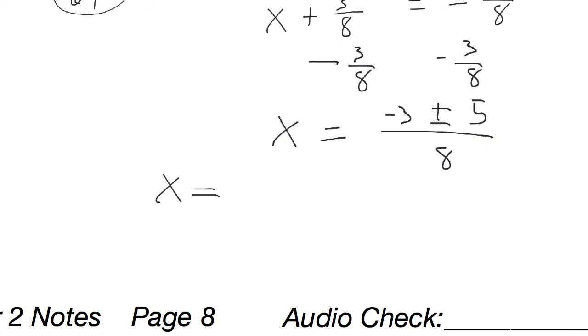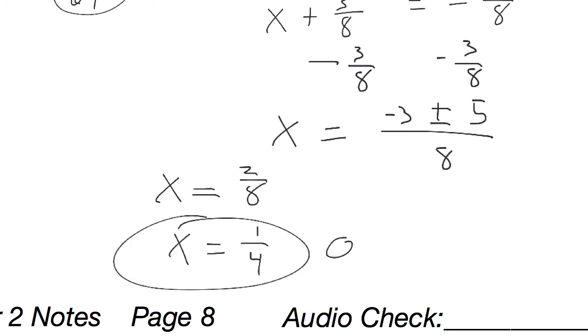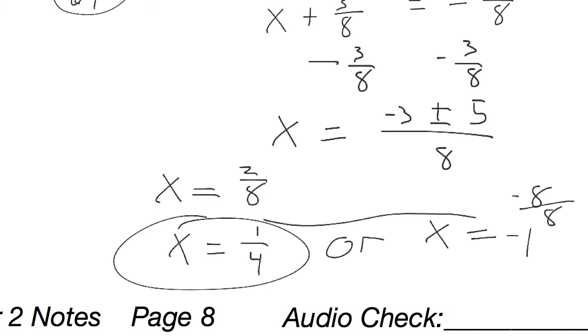Negative 3 plus 5 is 2/8, or just 1/4. Or x is going to equal negative 3 minus 5, which is negative 8/8, which is just negative 1. So there are your two answers. x could equal 1/4 or x could equal negative 1.